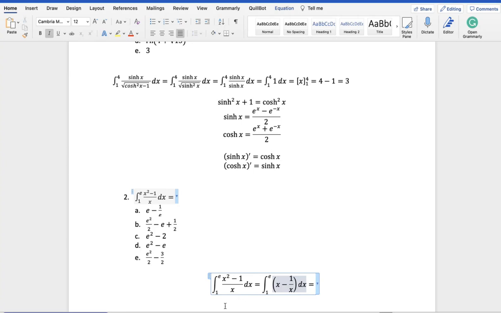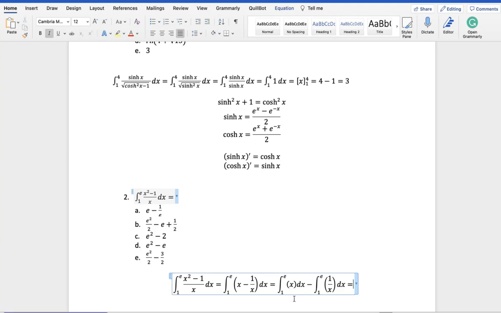Now you have the difference of two functions in x, which you can separate into two integrals. You can use your sum rule, I think is how you called it, of the integral of x minus the integral of 1 over x, evaluated between the same boundaries.